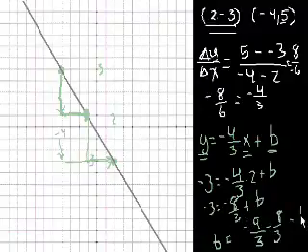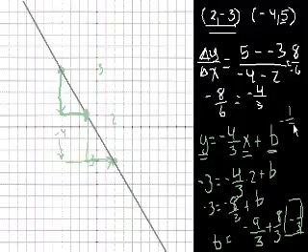So we get minus 1 over 3 is the y-intercept. So the equation of this line is y equals minus 4/3 x minus 1/3. I know this is extremely messy, but the equation of this line, once again, is y equals minus 4/3 x minus 1/3. Now let's look at the graph and see if that makes sense.